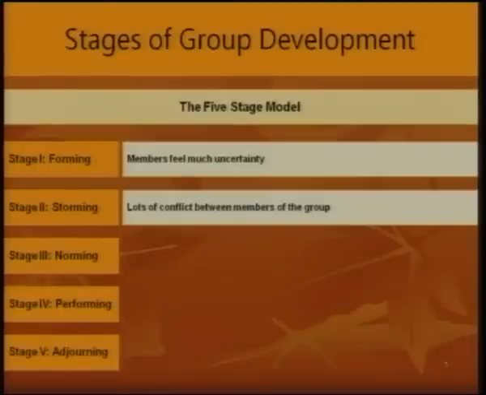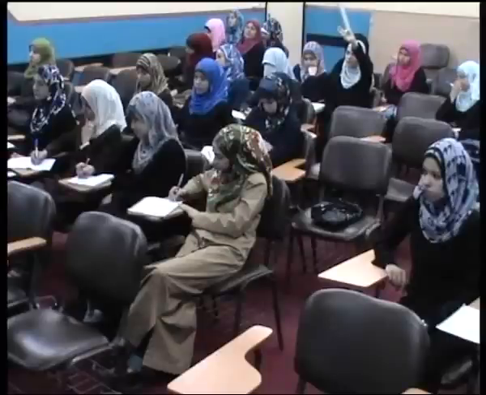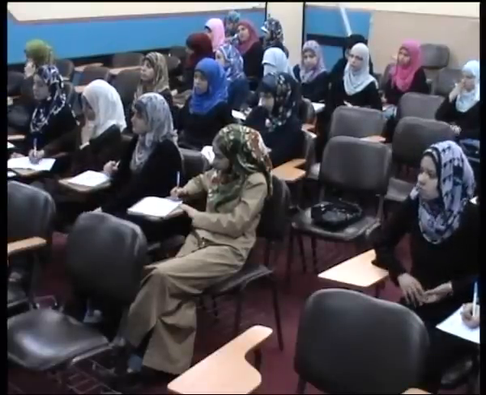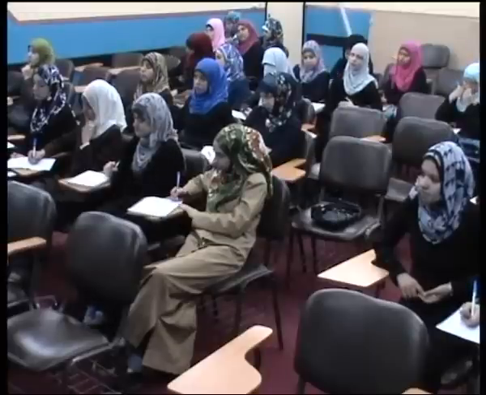Okay. Now, in the second stage, when you talk about storming, there are more conflicts here. Why are there conflicts? Why at this stage are there more conflicts? Because the conflicts arise because of the control thing. Who is in control? Who will be on the top of the hierarchy?